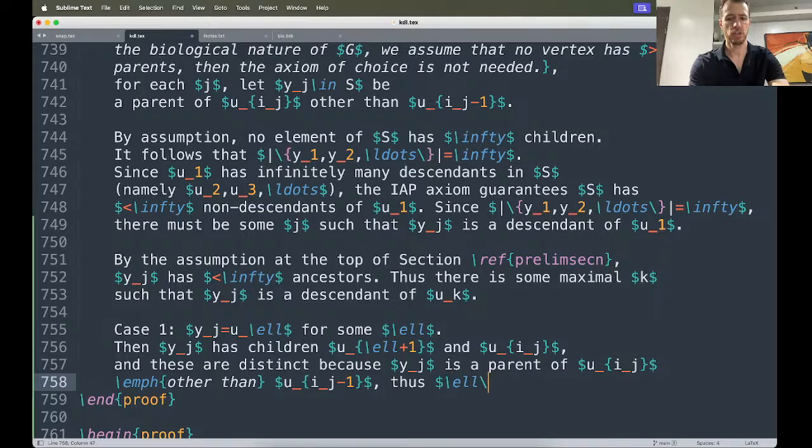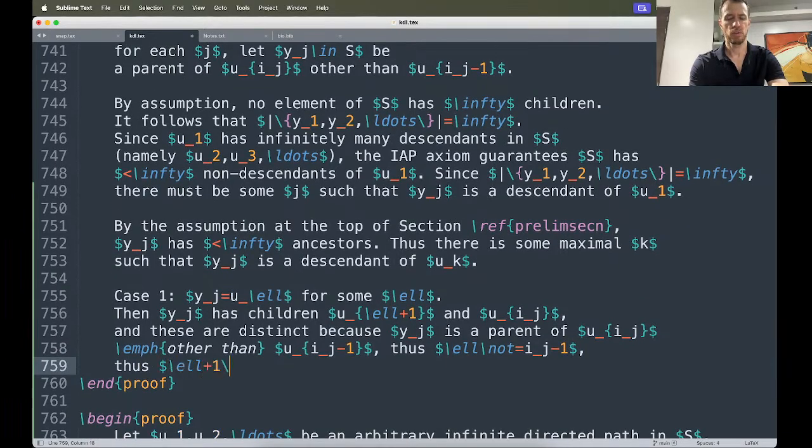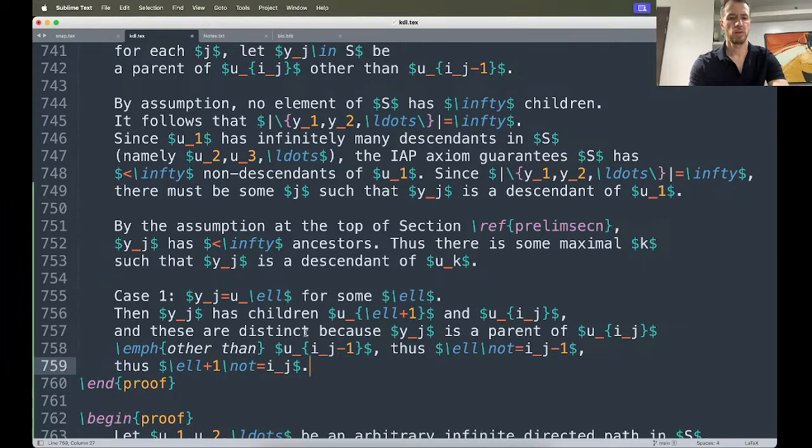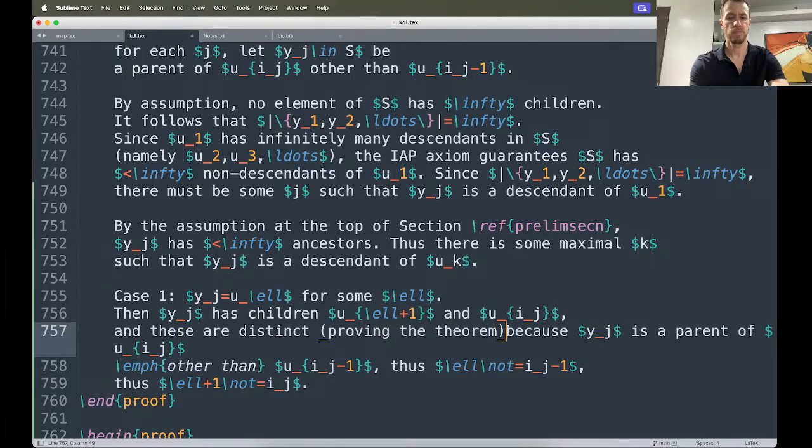Thus, l is not equal to i sub j minus 1. Thus, l plus 1 is not equal to i sub j. QED for that case. In parentheses, after saying these are distinct, we'll say proving the theorem.